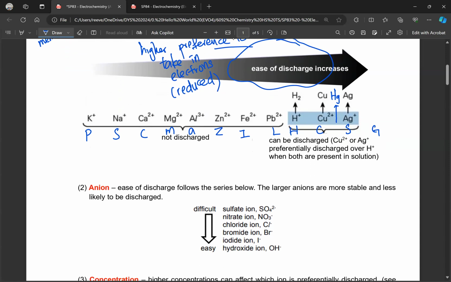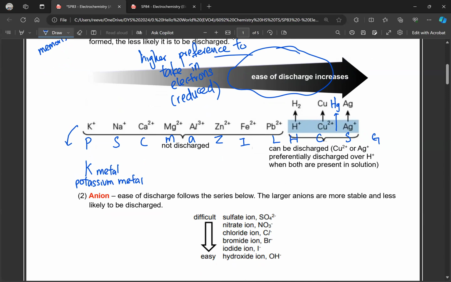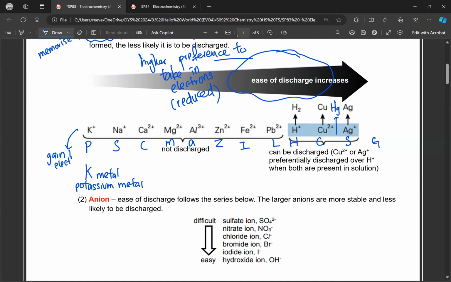By common sense, you should also know that although it's possible to form potassium metal, K+ takes 1 electron to form potassium metal.